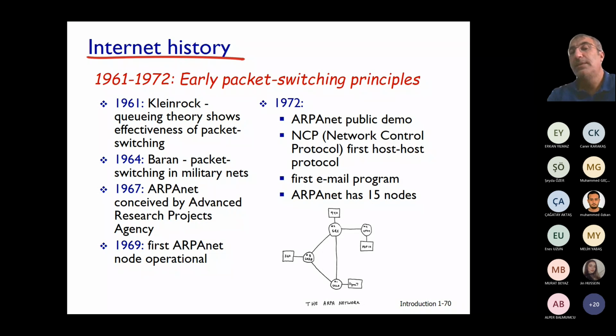Then in 1972, the first public demo of ARPANET. We also have the network control protocol, the first host-to-host protocol, and the first email program in 1972. The first ARPANET consisted of only 15 nodes. Now we have billions of nodes.